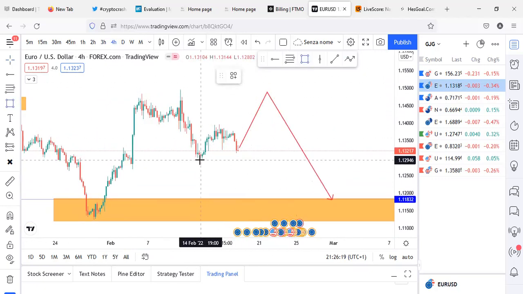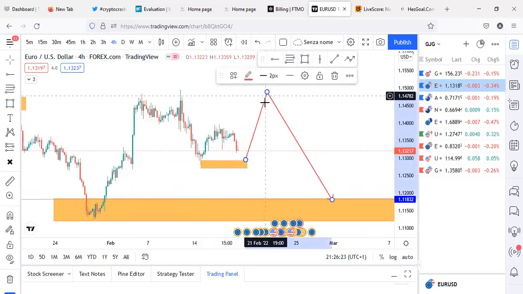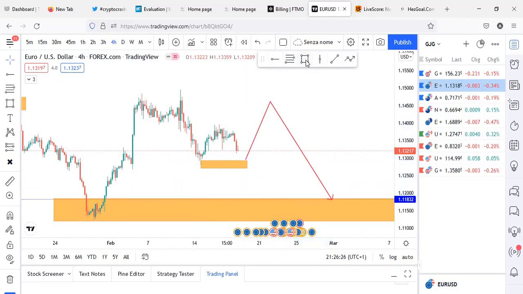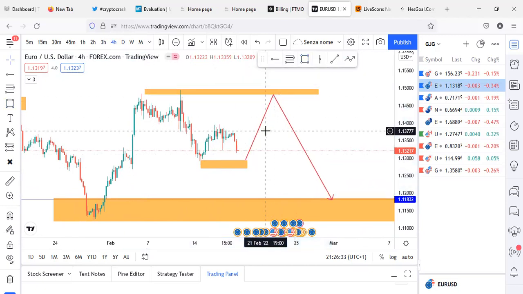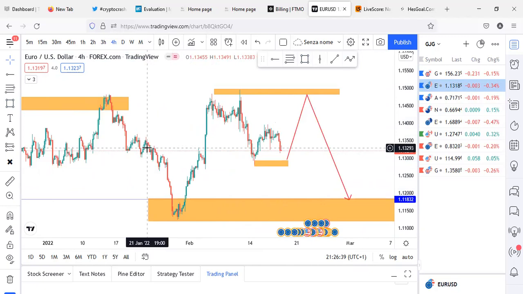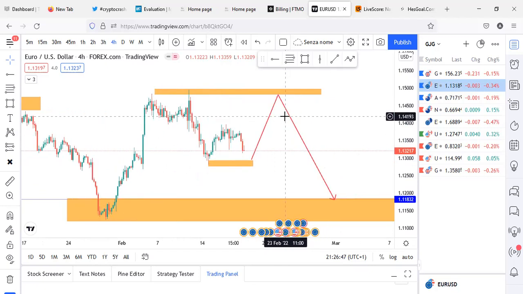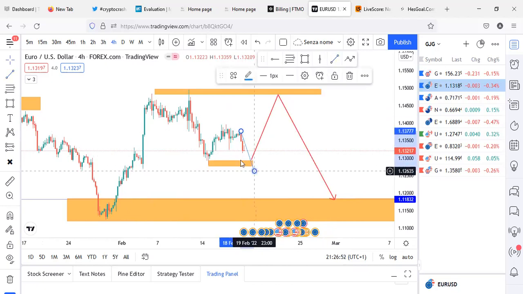So this is just my projection for Euro USD. I'll probably want to take this buy if I see a good entry, probably after a trend line break, I can take this buy.